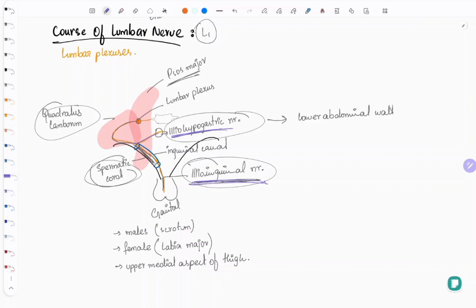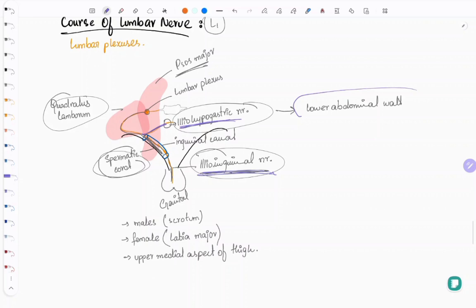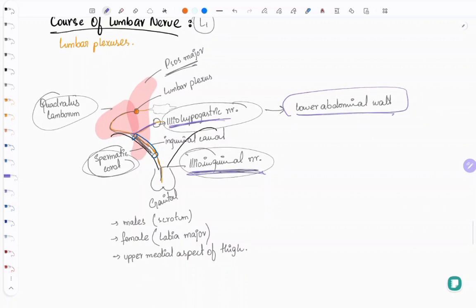The iliohypogastric nerve pierces the abdominal layers above the superficial inguinal ring and supplies the lower abdominal wall, whereas the ilioinguinal nerve extends in the inguinal canal along the spermatic cord in males and the round ligament of the uterus in females, supplying the genitalia.